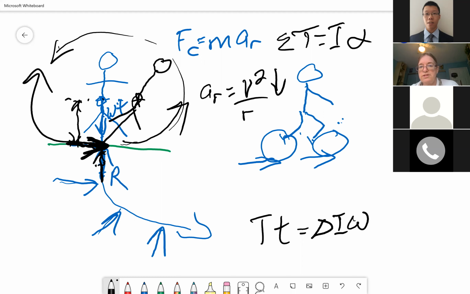And the lower the centripetal force we need, the less that torque is, and therefore we really don't need much to counterbalance the torque.